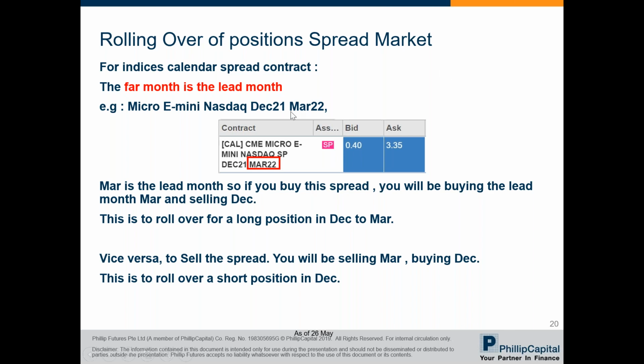So always remember, when you're looking at the calendar spread, the far month is the lead month, which you will make a decision whether to buy or sell. So currently, since you're long the position in the December month and you want to maintain this position in March as well, you need to buy the March contract. It's the same position direction as you initially had, which is a long position.